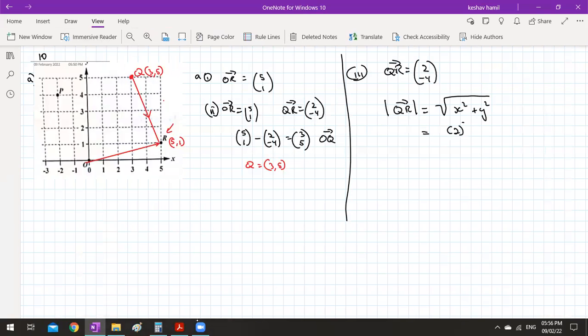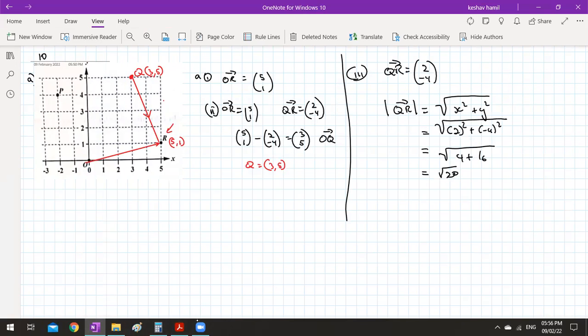So 2 squared plus negative 4 squared, which is the square root of 4 plus 16, which is the square root of 20.